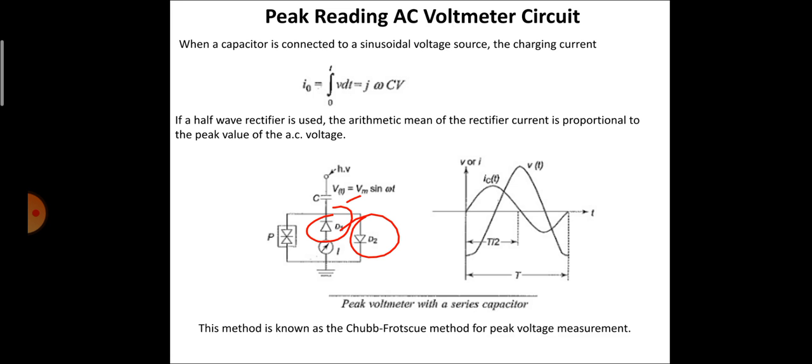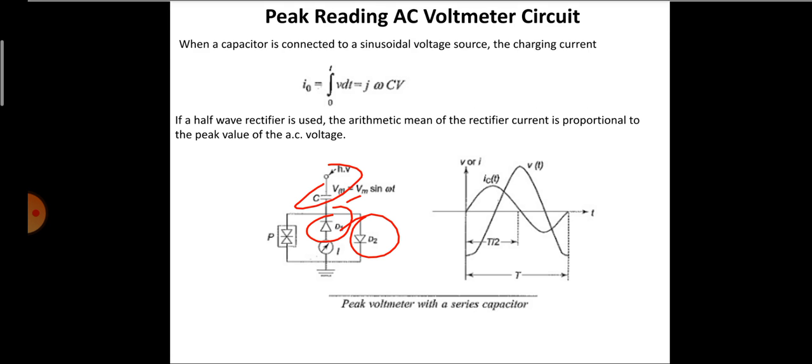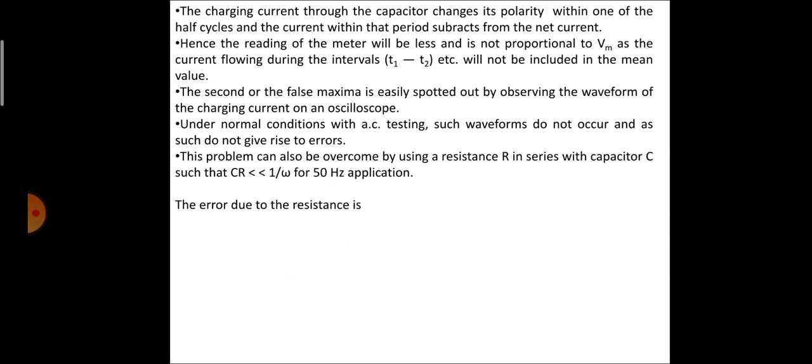The charging current through the capacitor changes its polarity within one of the half cycles, and the current within that period subtracts from the net current.